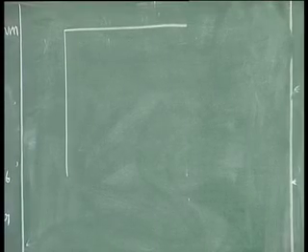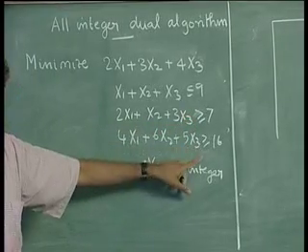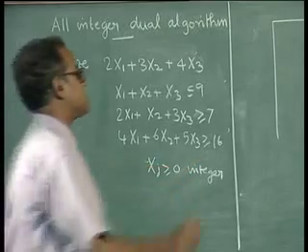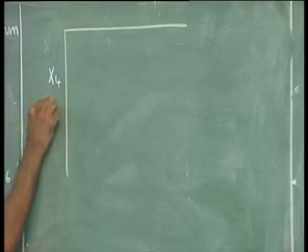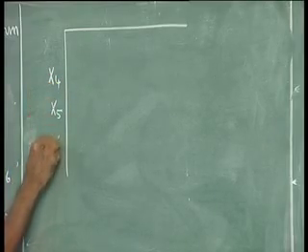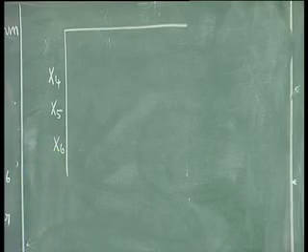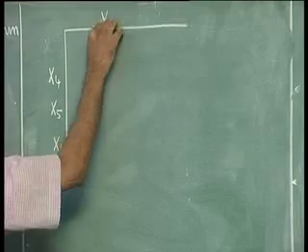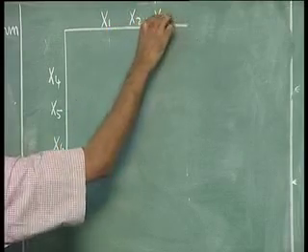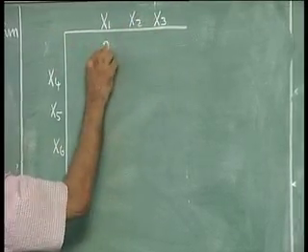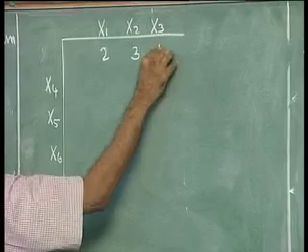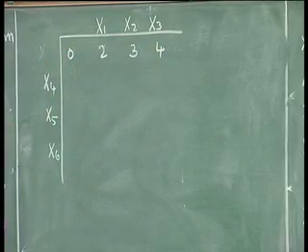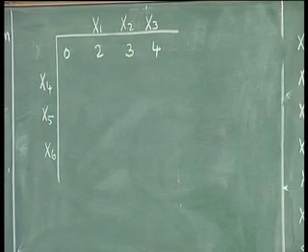Suppose we take a problem like this, we will define an x4, x5 and x6 which will act as basic variables. It is a minimization. So, you will straight away have x1, x2, x3 written here and you will have 2, 3 and 4 and a 0. Minimization implies dual feasible.